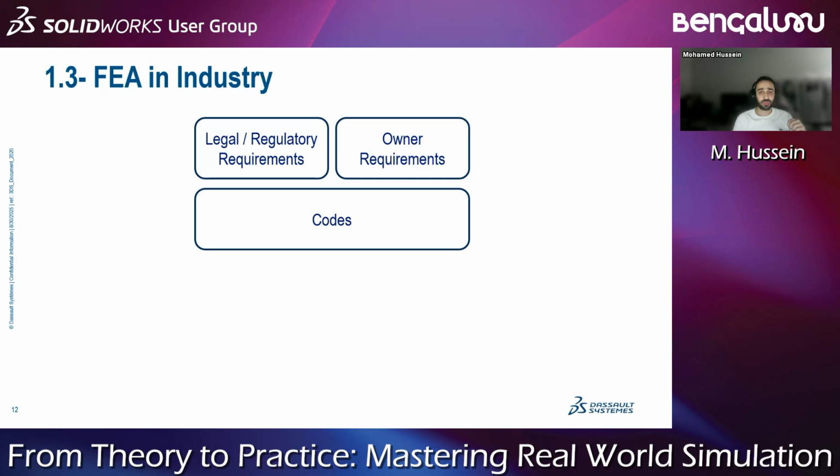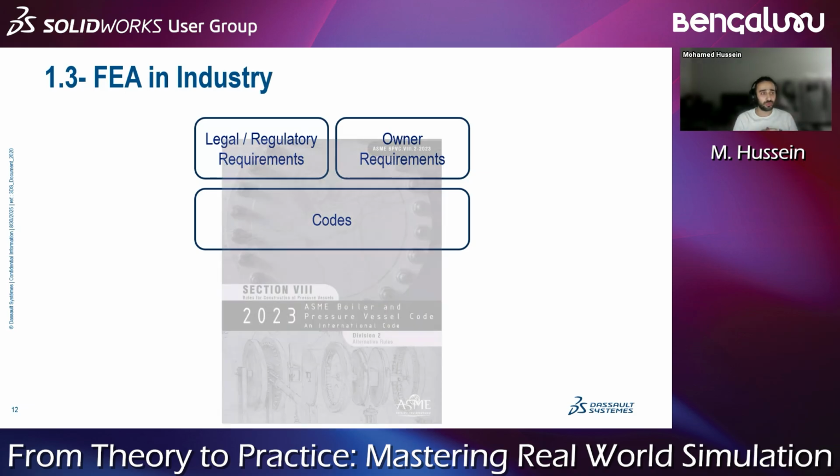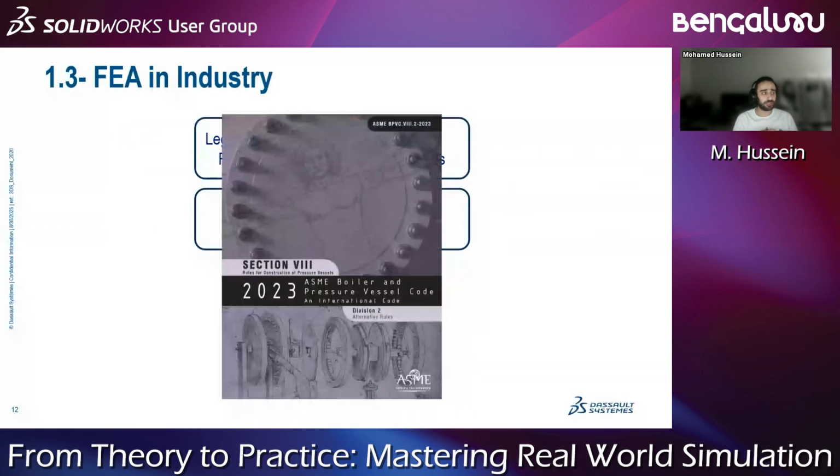The second one is using codes, and one of the most used codes right now for pressure vessels is the ASME Boiler and Pressure Vessel Code. This is one of the most used codes worldwide for all static equipment and pressurized equipment, for example.